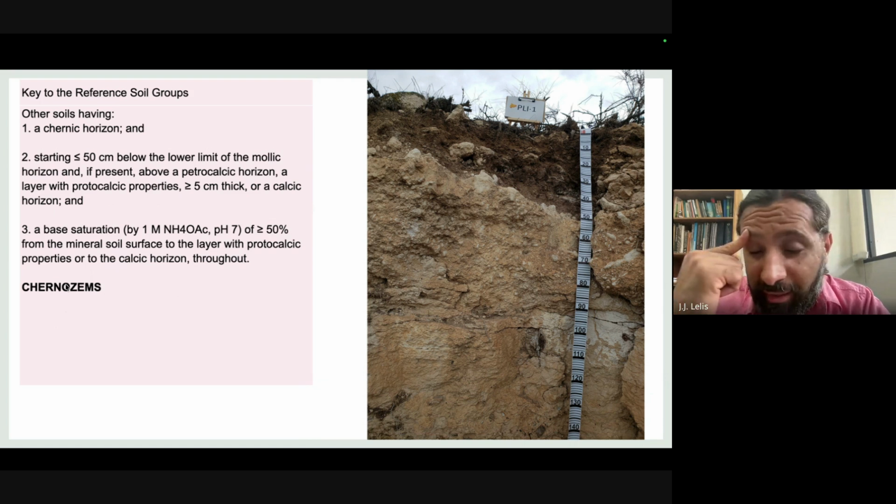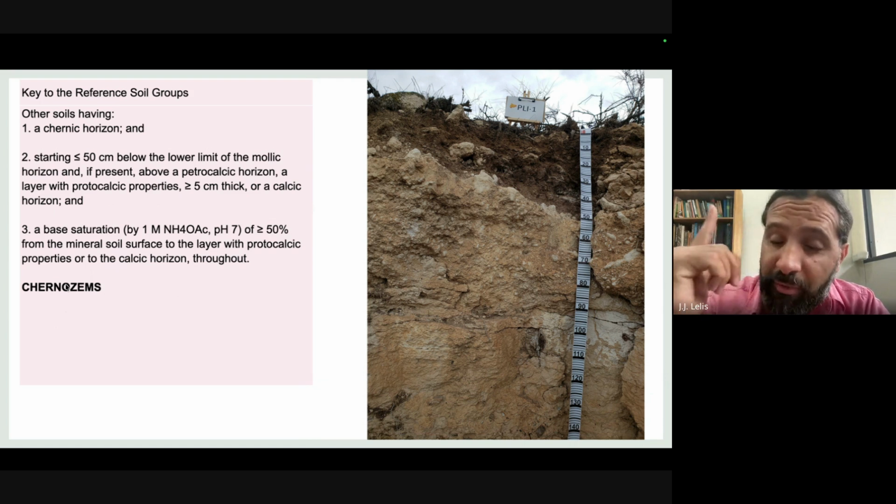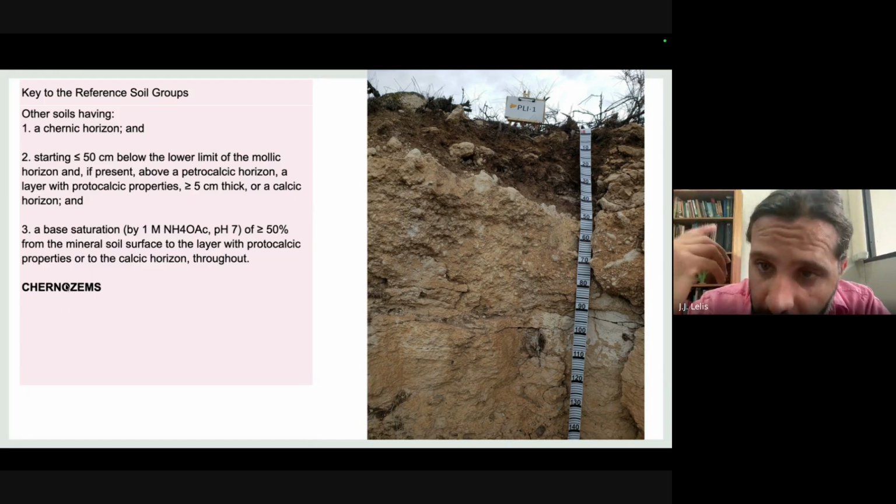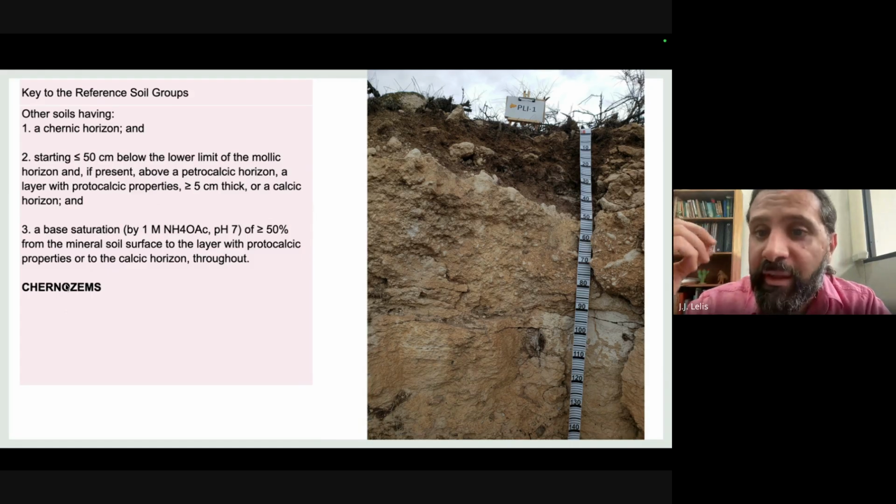Okay, not organic, I'm sorry, because you must remember that organic layers or organic horizons must register at least 20% of organic carbon. But what I want to say is that the organic carbon content in the surface horizon is quite high.